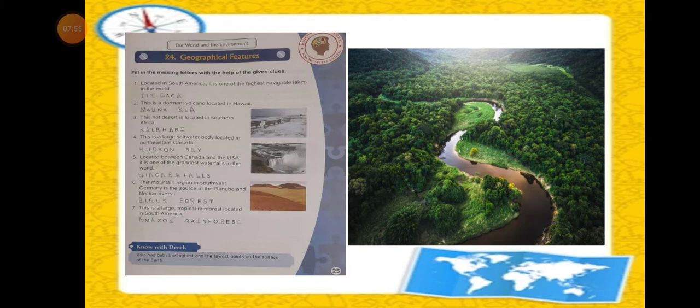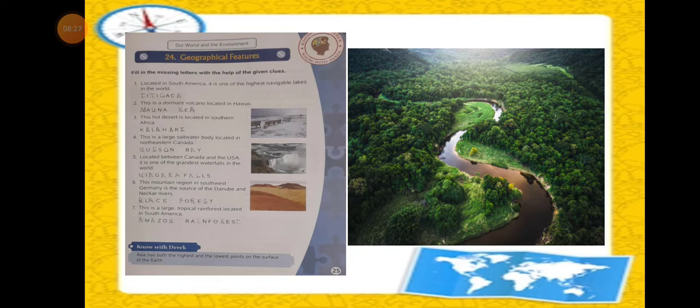It is a very very thick forest, and it's a tropical rainforest which is located in South America. So this is the picture of the Amazon forest. It's the aerial view of the Amazon forest. You can see it's a beautiful forest, and you can find a lot of variety of animals, birds and reptiles in this forest. So this is the large tropical rainforest.